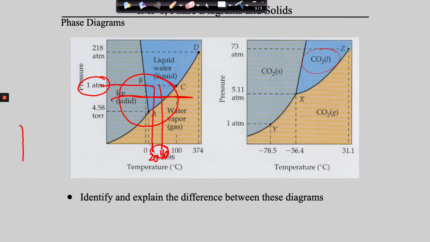But guys, look at this. Over here for carbon dioxide, that's literally our world. But guys, look at where the triple point is. 5 atmospheres more pressure. And guys, we don't see those kinds of pressures here on Earth.